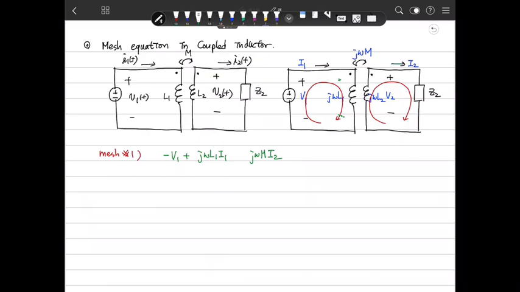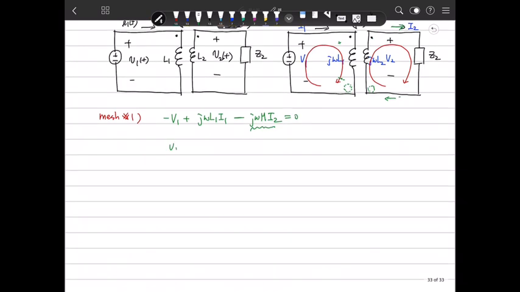I2 is going out from the dot, so it's going into the non-dot. Therefore this voltage is positive at the non-dot here, but this direction is inverse, so we make it minus. Therefore it will be 0. So we write here V1 is jωL1 I1 minus jωM I2.